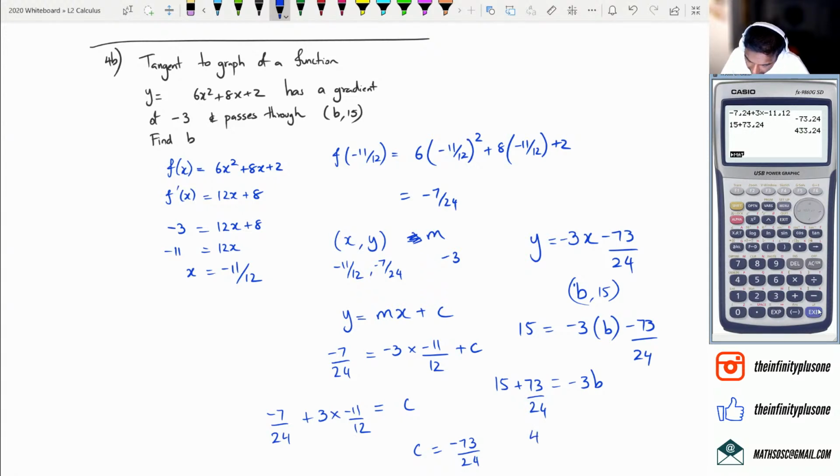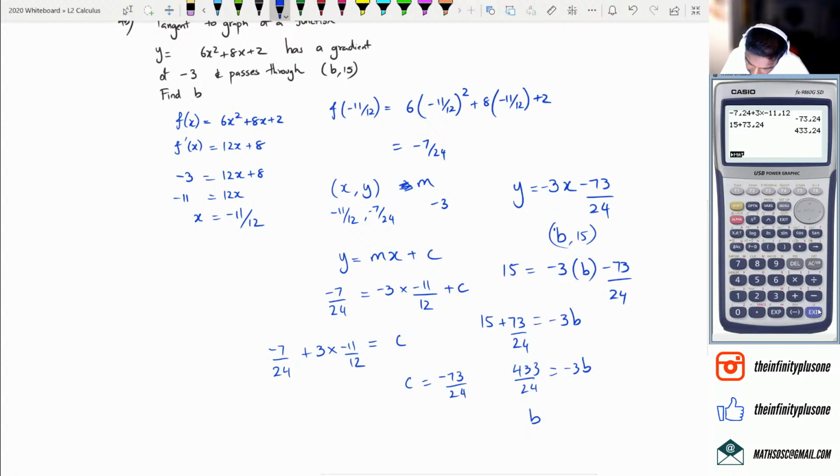So you get 433 over 24 equals negative 3b. So b is equal to 433 divided by negative 72. God, that is a super ugly number. So you should be getting something like negative 6.01 as your answer.